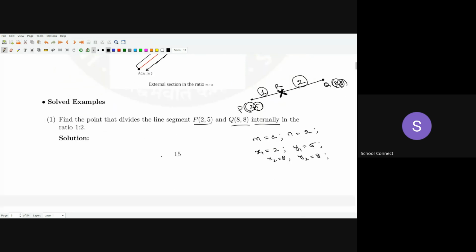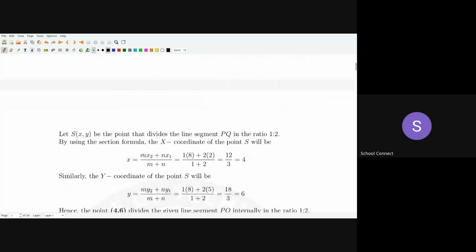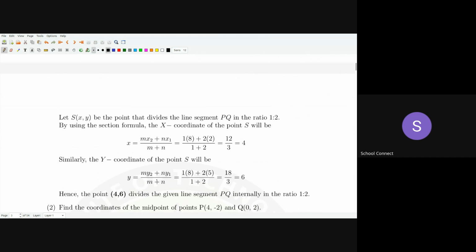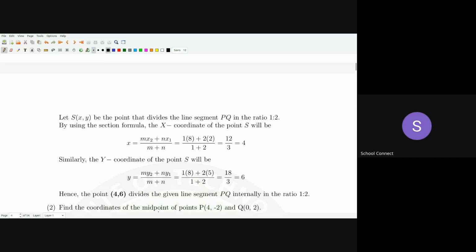So if you use the formula, you will get the x coordinate and y coordinate separately, which will be 4 comma 6. Hence 4 comma 6 divides the given line segment PQ internally in the ratio 1:2. Now, can you all solve the next question, which is find the coordinates of the midpoint of the points P and Q.